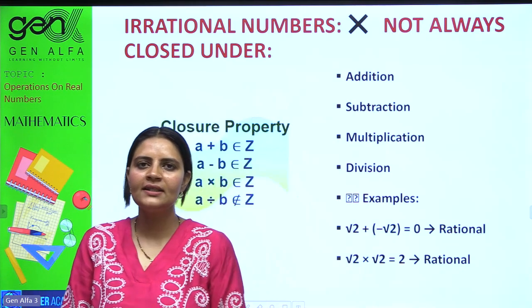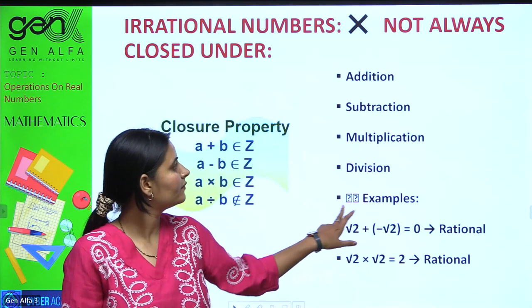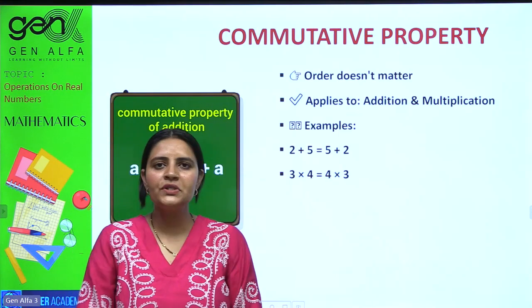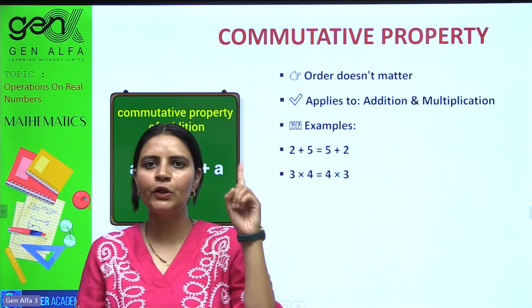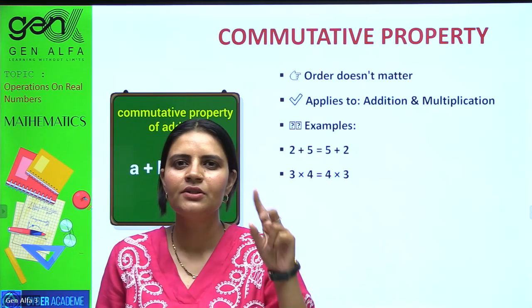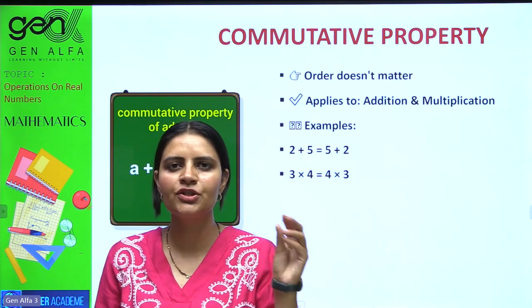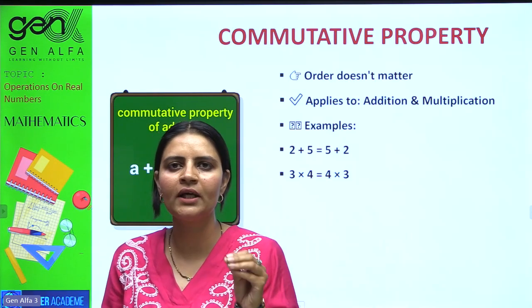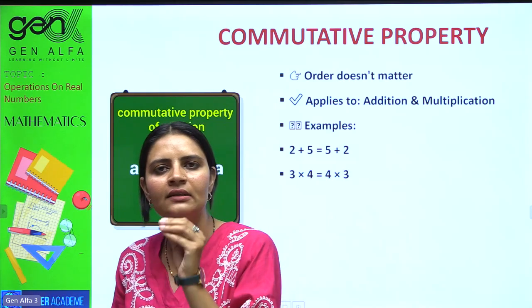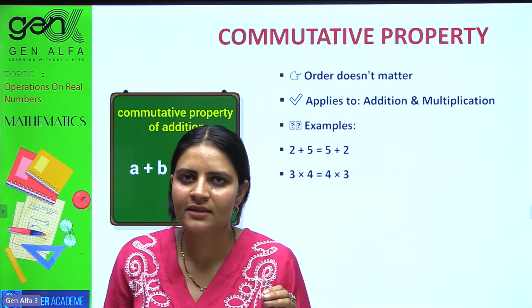Should I move ahead? Commutative property. We have done closure property. Closure means closed: take two numbers belonging to the same set and check the result under four operations, whether you get the result in the same set or not, then your closure property is satisfied.